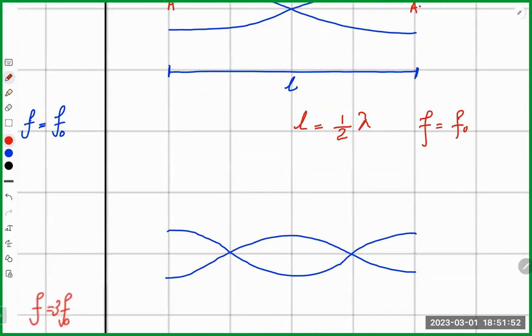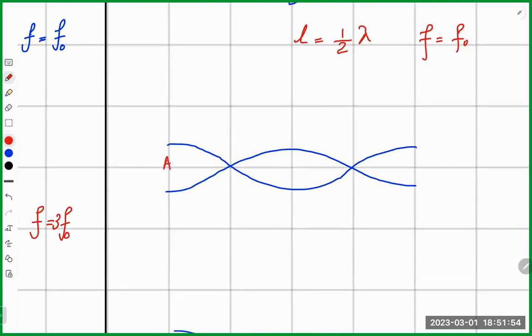The next possibility is an antinode here, an antinode here, an antinode in the middle, and two nodes. In this case, the length L will be equal to one wavelength, because we have increased the frequency 2 times.